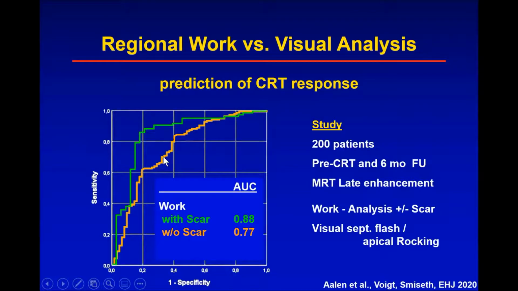When we consider septal scar, which is an important confounder to the CRT, then we can increase the predictive value to 0.88, and this is a very good value. This is also something that we get with the visual assessment of septal flash and apical rocking, but of course in a less objective way, because the visual assessment needs quite some training, and that's not so straightforward. With the work, you really have numbers you can work with.